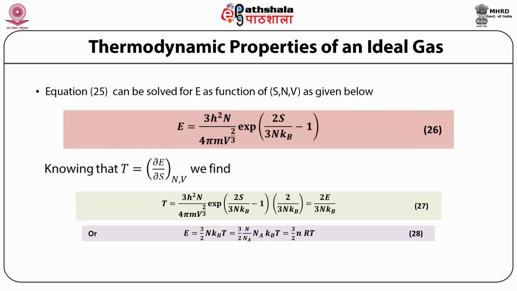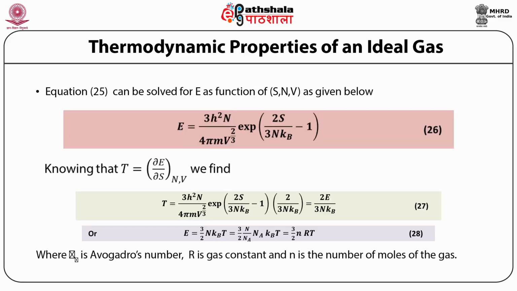Or E is equal to 3 by 2 n k_B T, which is equal to 3 by 2 n upon Na multiplied by Na k_B T, where Na is Avogadro's number, equal to 3 by 2 n R T, where R is the gas constant, and n is the number of moles of the gas.